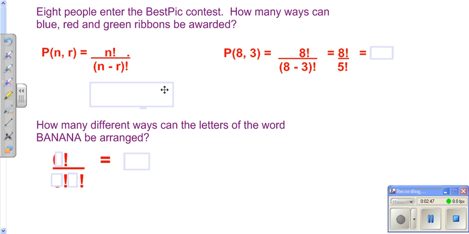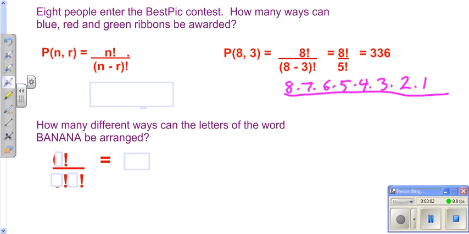You could enter that in your calculator or work it out by hand. You would get 336. Now, if you worked it out by hand, you'd have to go 8 times 7 times 6 times 5 times 4 times 3 times 2 times 1, all over 5 factorial. Now, when you do that, you would realize that this one drops to 1, that drops, that drops, that drops, and this drops, leaving you only with this right here in front.